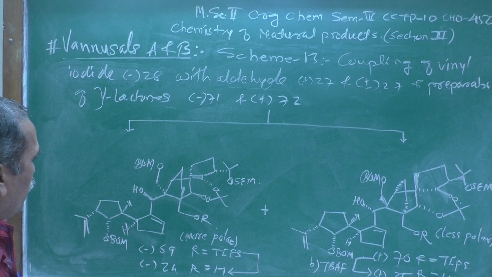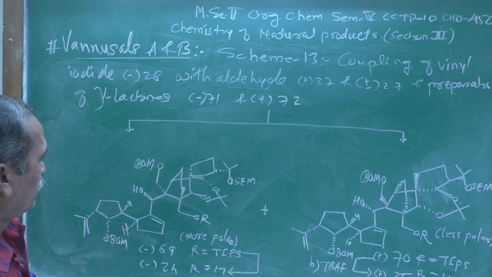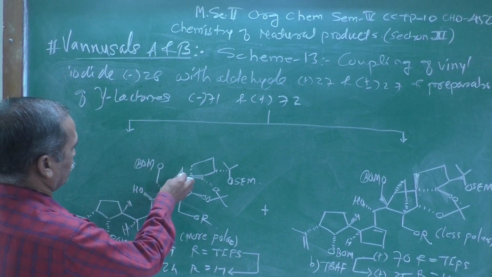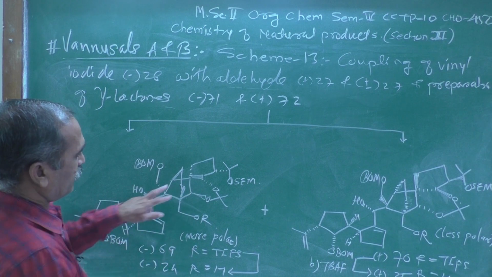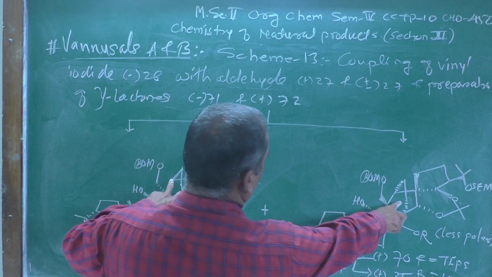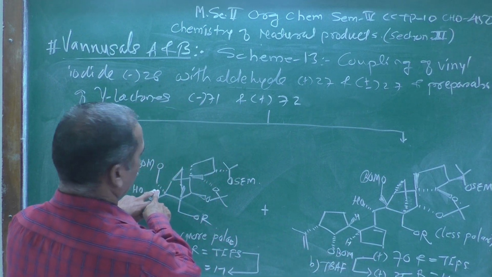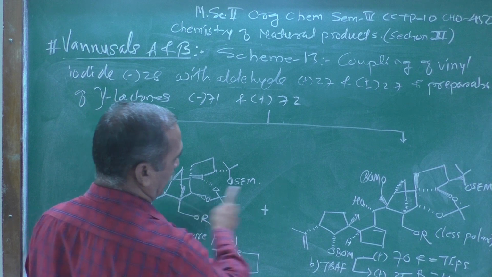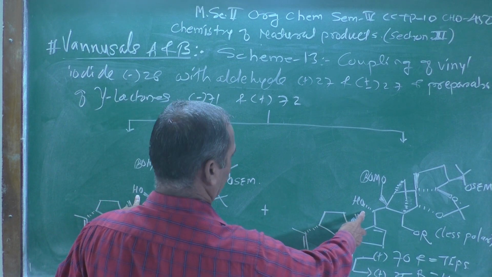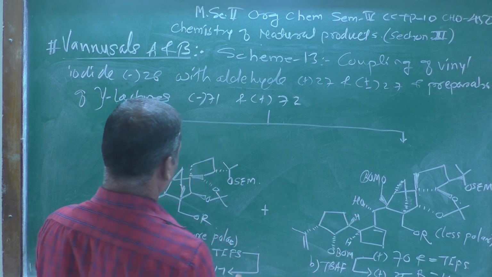You can clearly observe the groups over here are above the plane, in this case they should be below the plane, and this is below the plane, it will be above the plane. Hydroxy group above the plane, hydroxy group below the plane. Double bond remains as it is.